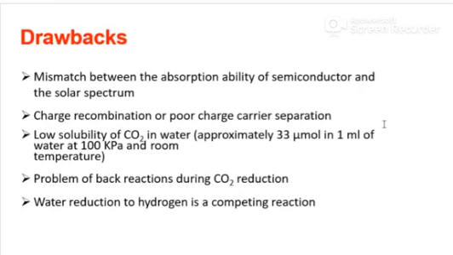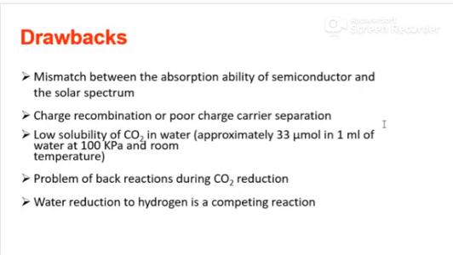As well as the low solubility of CO2 in water can also decrease the efficiency, or we can say the back reaction of the CO2 once we have reduced it, or it can cause a water reduction. So these are the drawbacks that can lead to the decrease in the efficiency of our composite material.